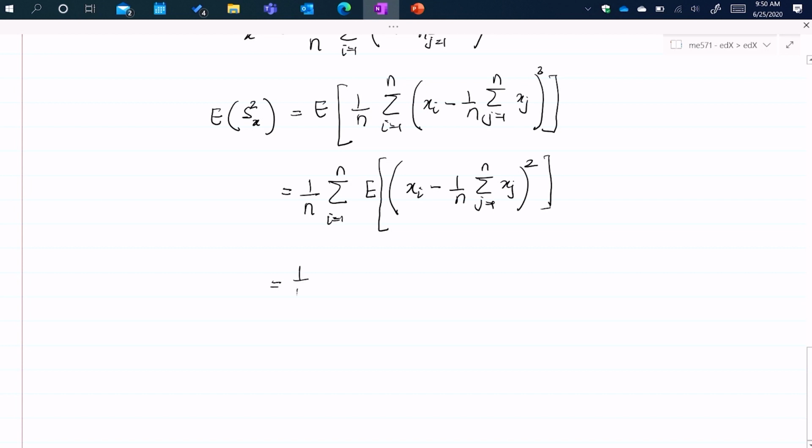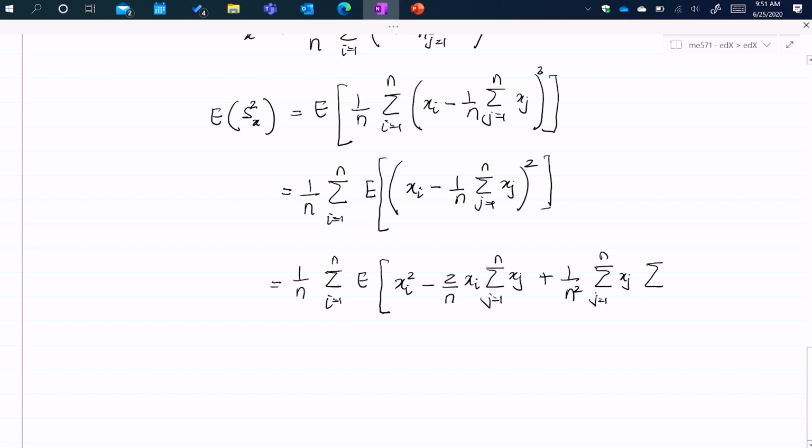I can write this as 1 over n summation i going from 1 to n expected value of xi squared minus 2 by n times xi times summation j going from 1 to n xj, plus 1 over n squared summation j going from 1 to n xj times another summation of xj. That will confuse the indices, so I'm going to call this k, k going from 1 to n, xk.